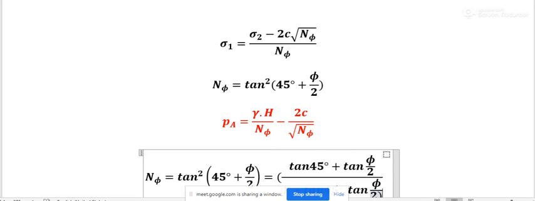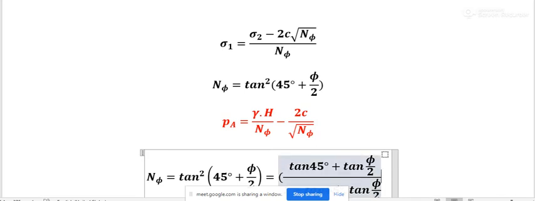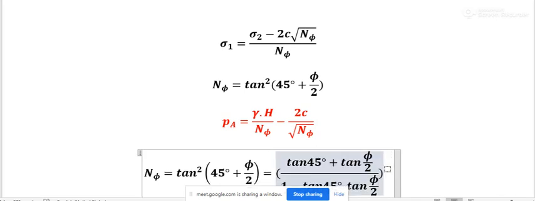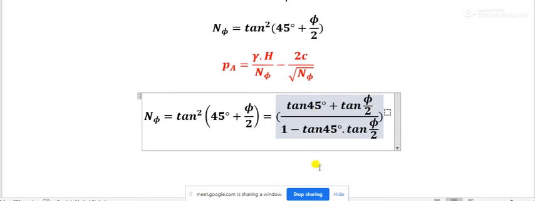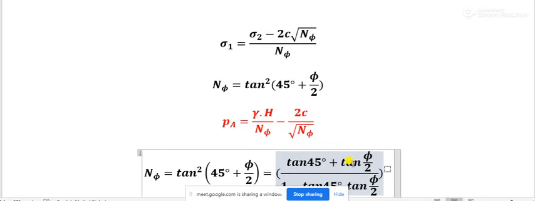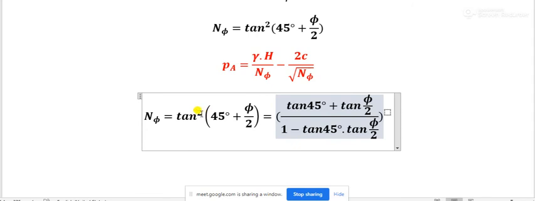This is nothing but the equation of tan a plus b, that is tan a plus tan b divided by 1 minus tan a tan b, and there is a square. We have to put the square here.